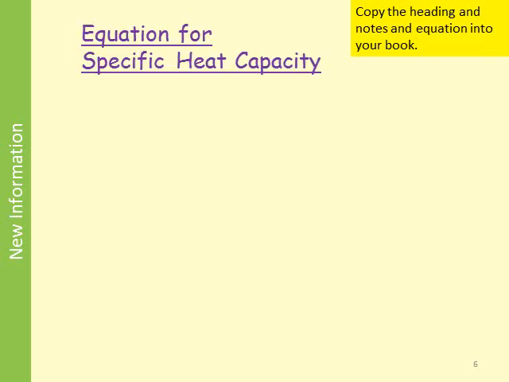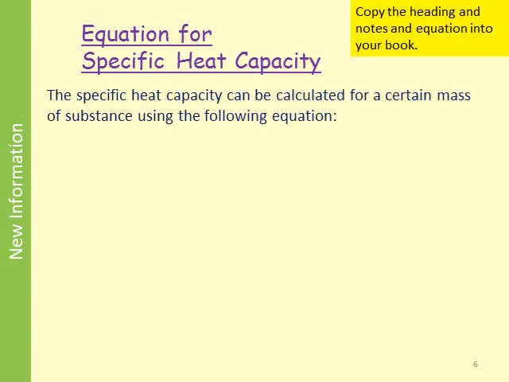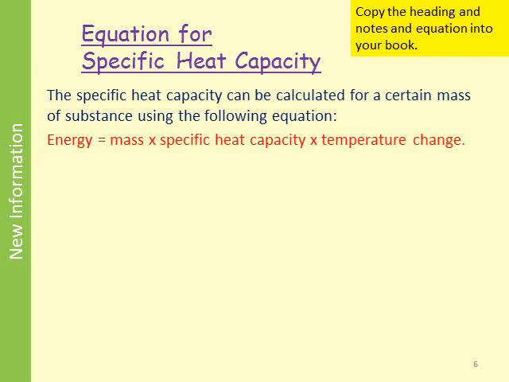Now we come on to the equation for specific heat capacity. So the word equation is: energy is equal to the mass times the specific heat capacity times the temperature change. In fact, really, it is a change in energy because you're looking at how much energy is needed to raise the temperature of the material.